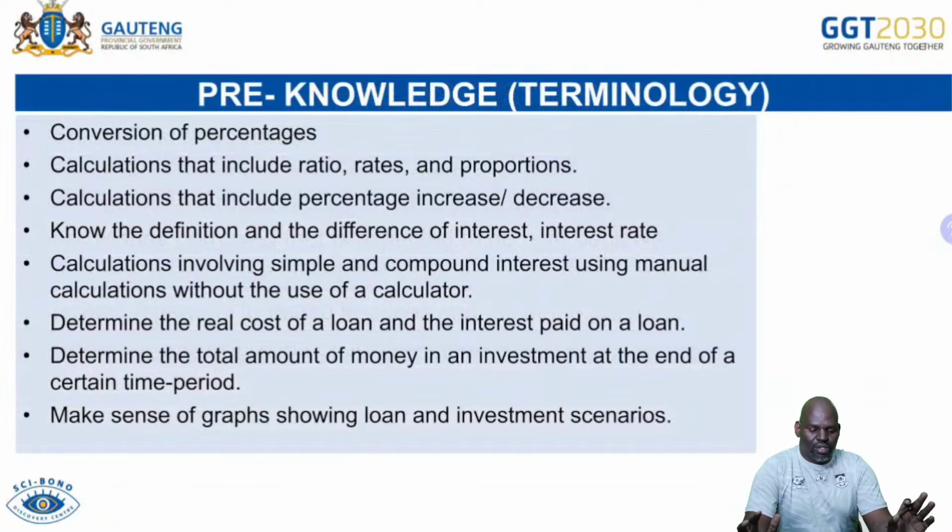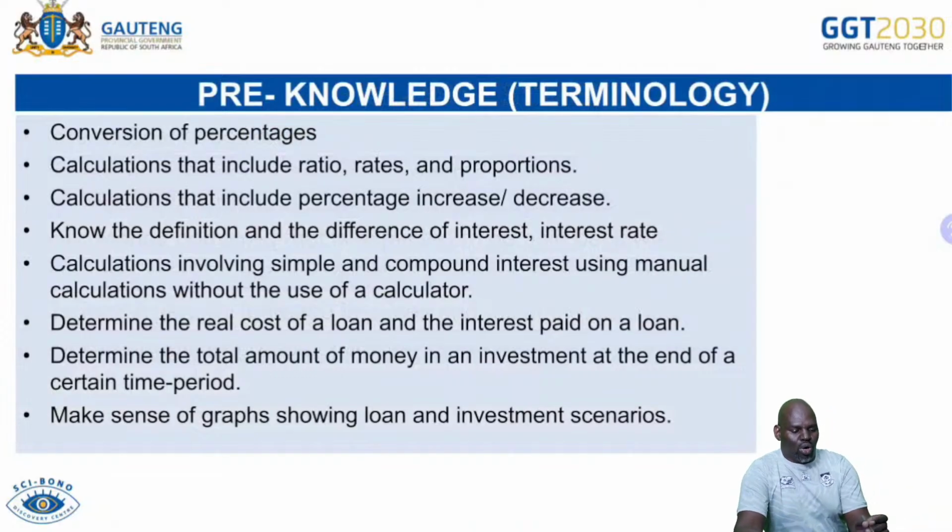Okay, some of the basics that you need to know in the subtopics that we are going to discuss today. So you must know how to convert percentages. So we know that if they give you 75%, you know that 75% is the same as 75 over 100, which is equal to 0.75. You must also be able to work with calculations that include ratio, rates, and proportions.